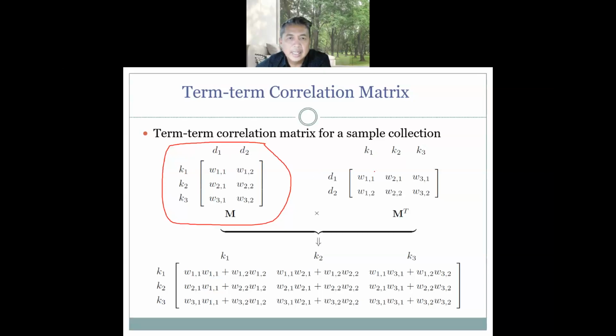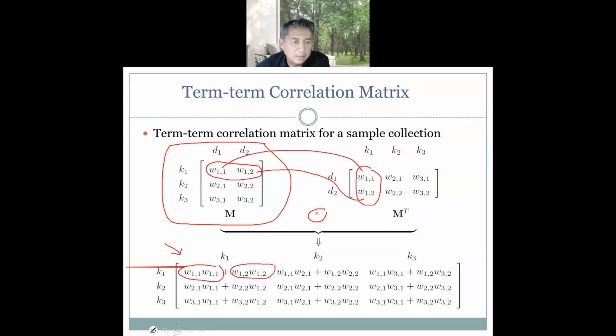Once I get this, I take the multiplication of these two matrices to get this matrix. This matrix will tell you how close the terms are. The higher the value, the closer they are. So how do I calculate this? I take this row and multiply it with this, then I multiply this and add them up. This is what you get here.